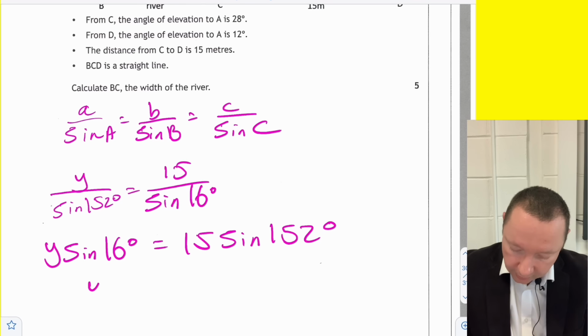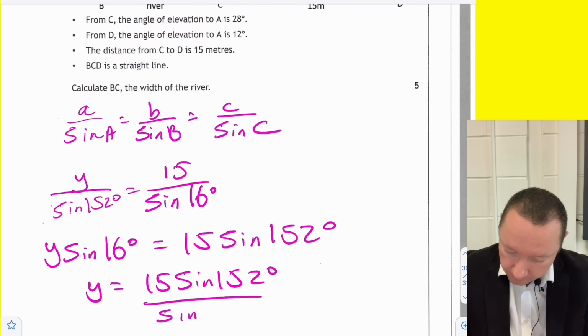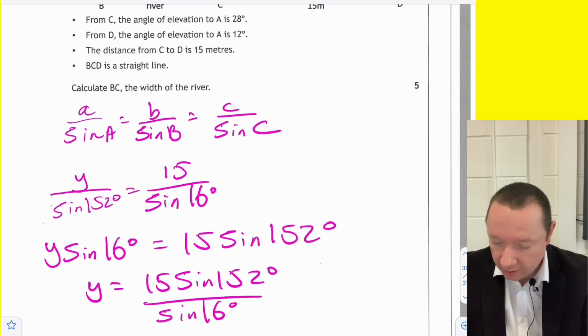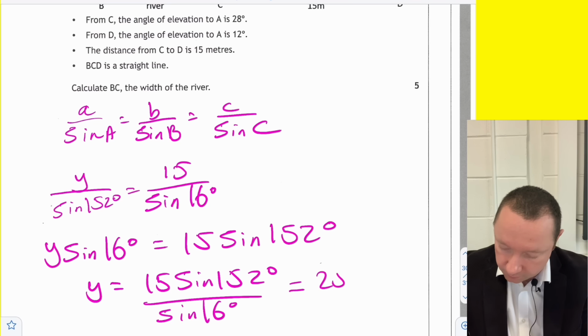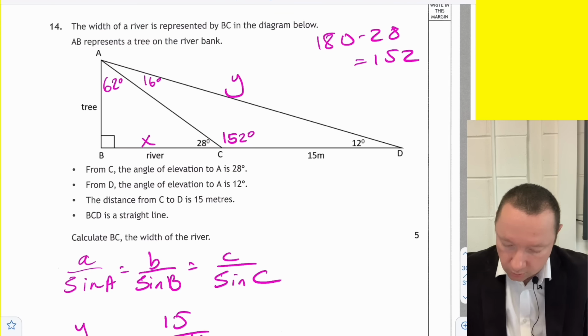So y is 15 sine 152 all over sine 16. We can just use our calculators to work that out, and we would get 25.55.